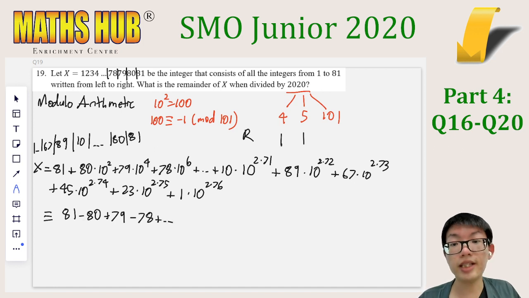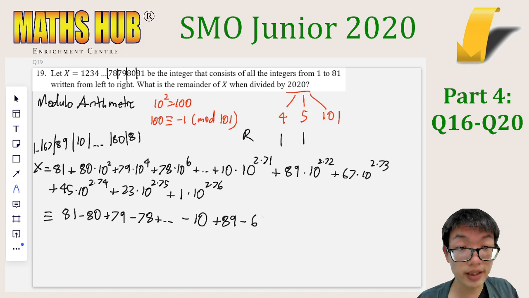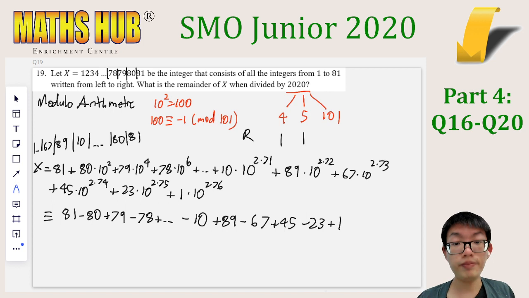And you see that the signs alternate plus, minus, and so on, which is really similar to how the test for 11 works. Now we get to here, the last one would be 100, which is -1 to the power of something odd. So that means that it will be -10, then plus 89 minus 67, plus 45, minus 23, and then plus 1.